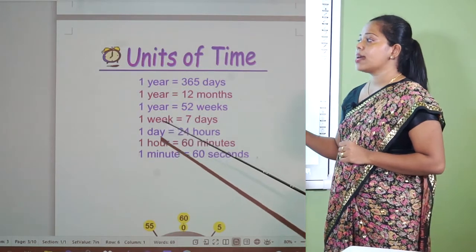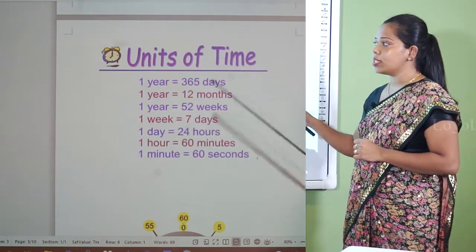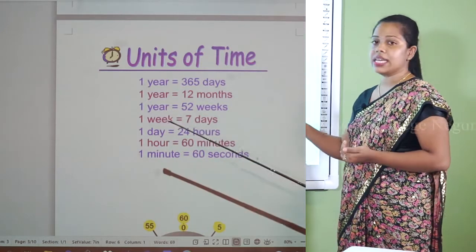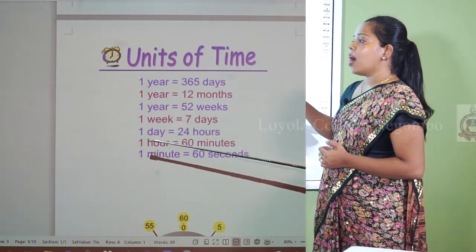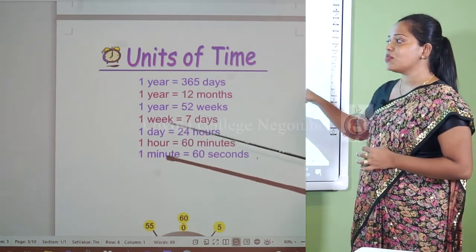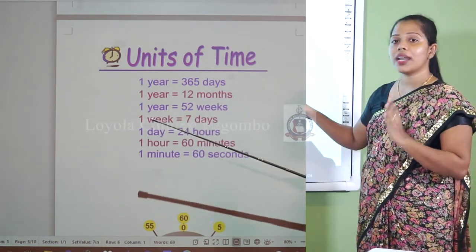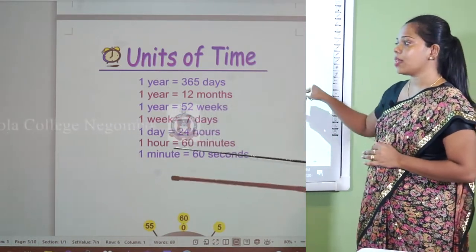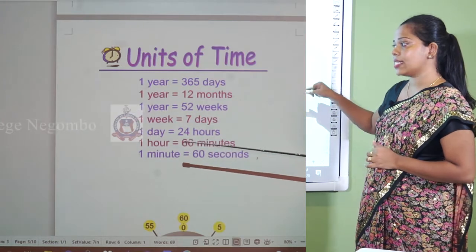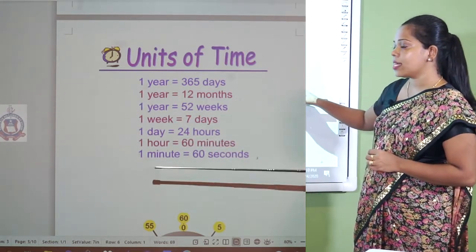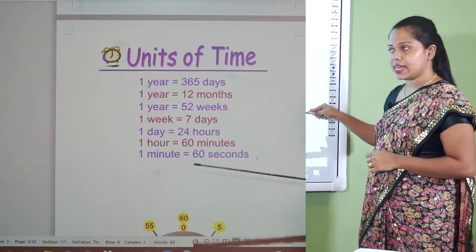And 1 week has 7 days. You know all these things. From Sunday to Saturday there are 7 days. 1 day has how many hours? There are 24 hours per day. And 1 hour has 60 minutes. And 1 minute has 60 seconds.